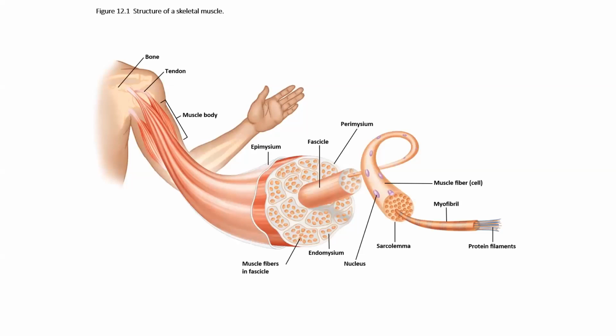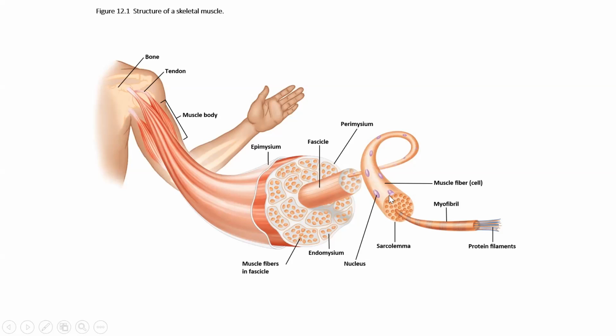All right, so here is a closer look at the structure of muscle and then the individual subcellular and smaller repeating units that make up muscle. So as we can see, we've got the entire muscle body, the muscle fascicle, the muscle fiber.